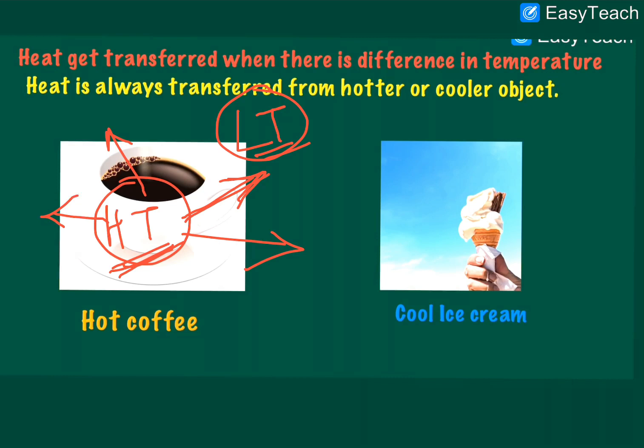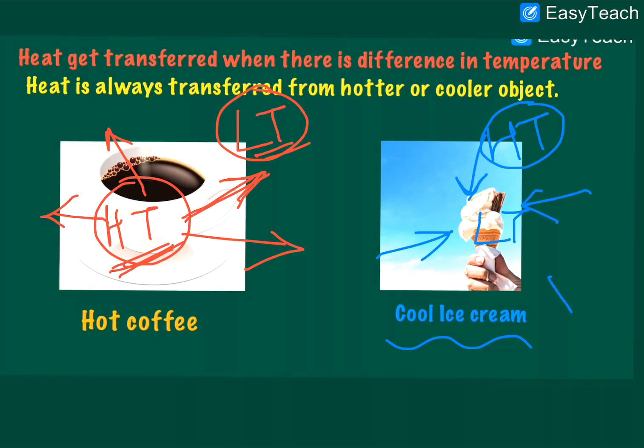And then what happens in the case of cool ice cream? The ice cream has a lower temperature than its surroundings, which are comparatively hotter. So the heat energy from the surroundings is transferred towards the ice cream, making it hot, and so the ice cream melts after some time.